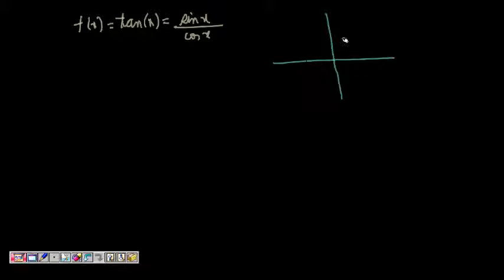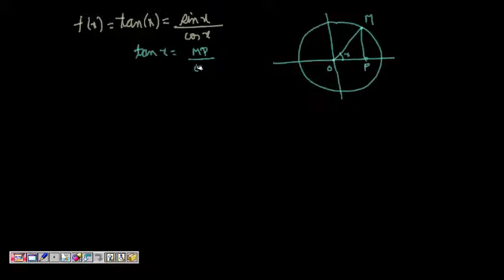So we draw the figure. This is O, this is M, this is the perpendicular, something like this. This is x. Now what is tan x from this? It is MP by OP.